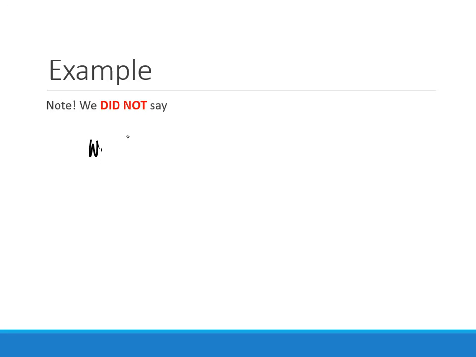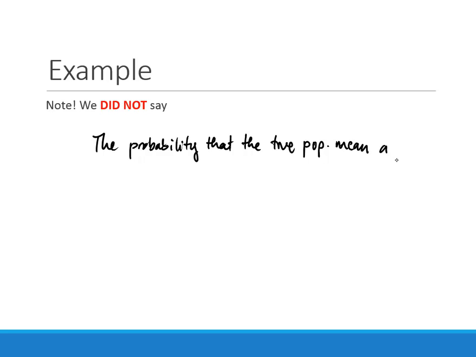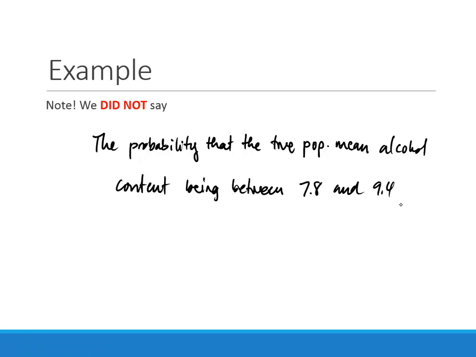We did not say that the probability that the true population mean alcohol content is between 7.8 and 9.4 is 0.95.